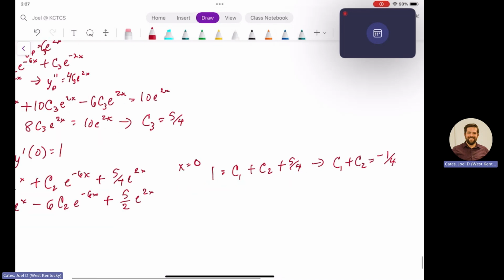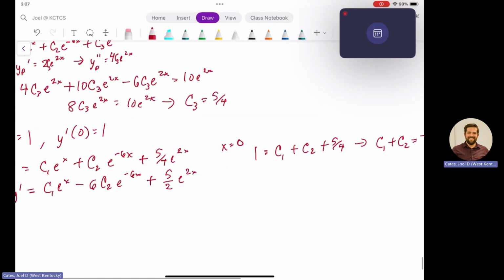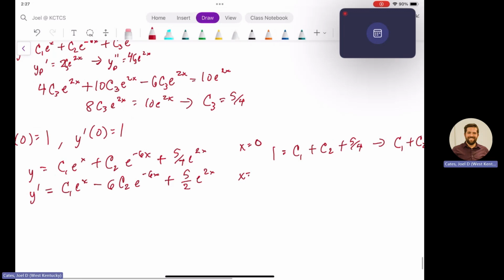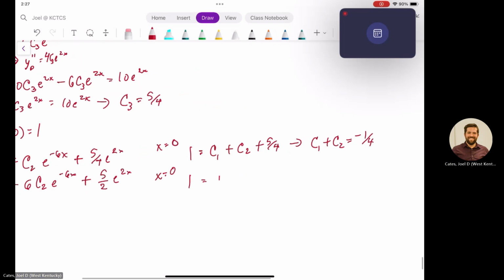If I put in x is 0 into the first derivative, I get 1 back, and I've got c sub 1 minus 6 c sub 2 plus 5/2. That means that c sub 1 minus 6 c sub 2 is equal to a negative 3/2.